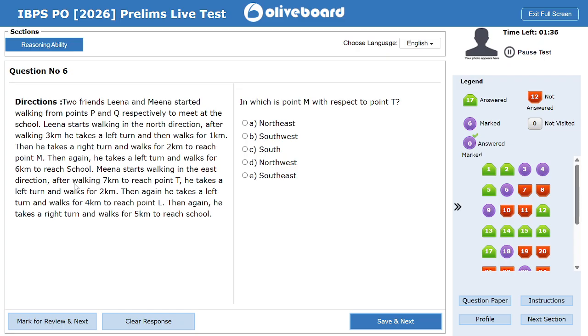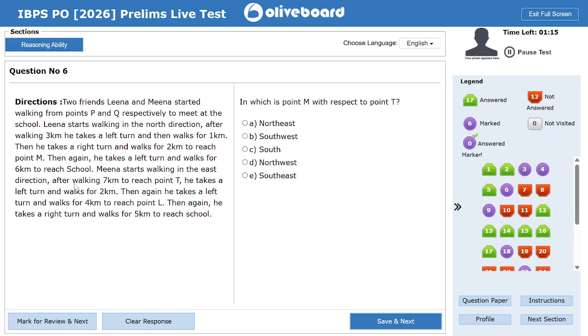7 kilometers to reach point. 7 kilometers from Q. Q take a 7 kilometers to reach point T. He takes left turn and walks for 2 kilometers.